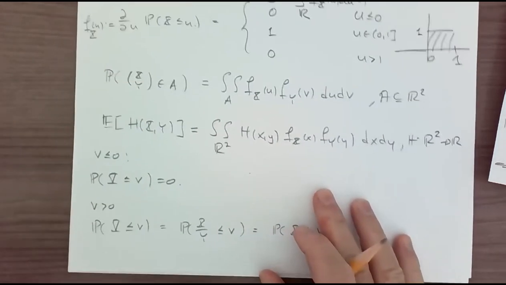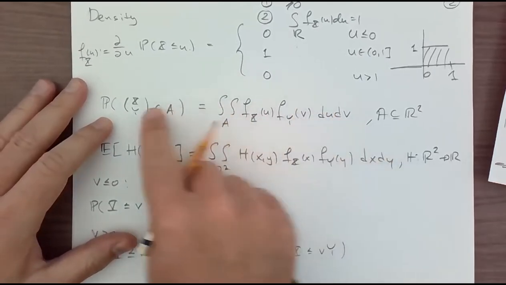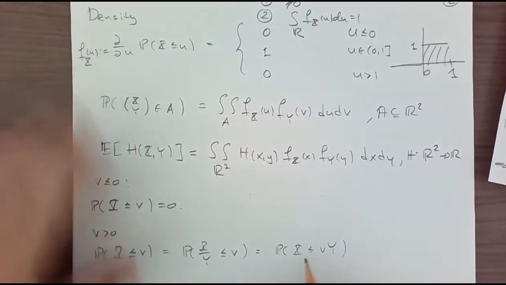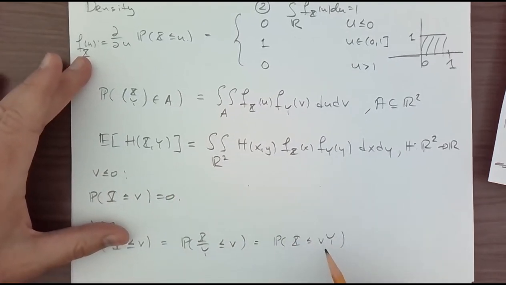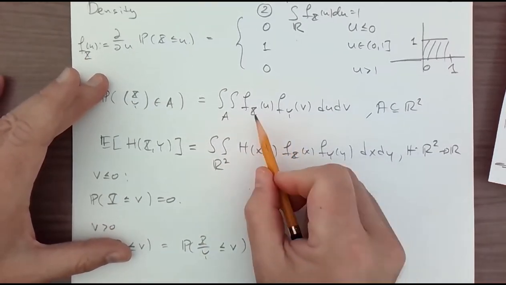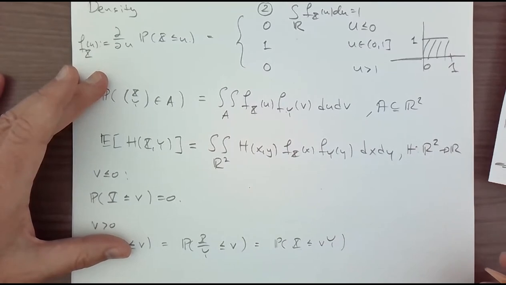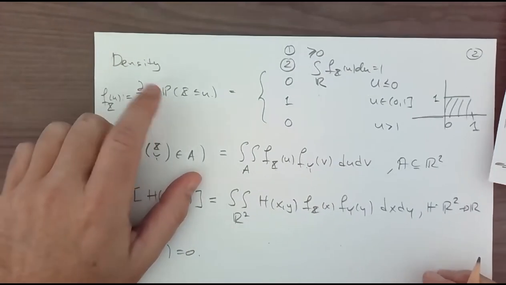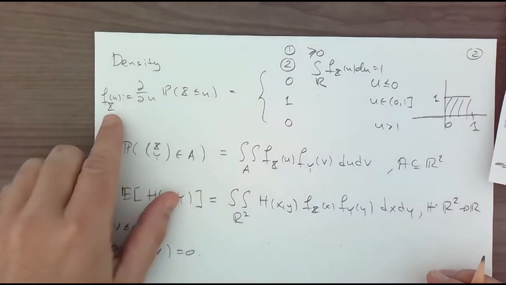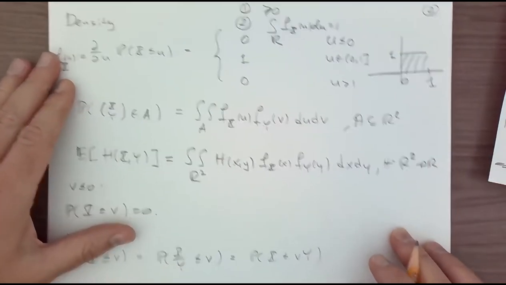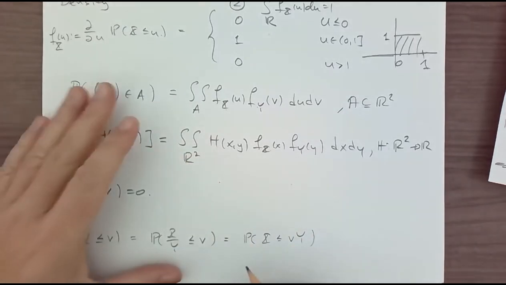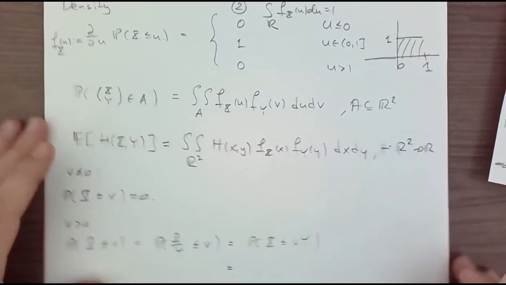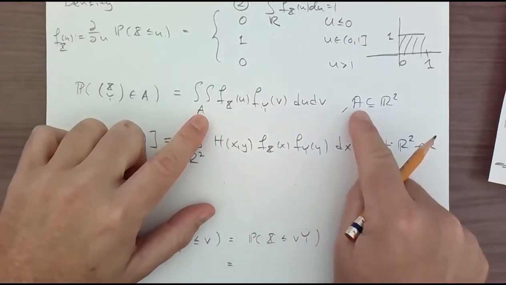Okay, so what I want to use are these formulas that I have up here. Because this here is just a function of X and Y, I can express this as an integral with respect to X's density and Y's density, which, keep in mind, is the same, because both are uniform on the interval 0 to 1. To make it clear, this set A here is a two-dimensional set.